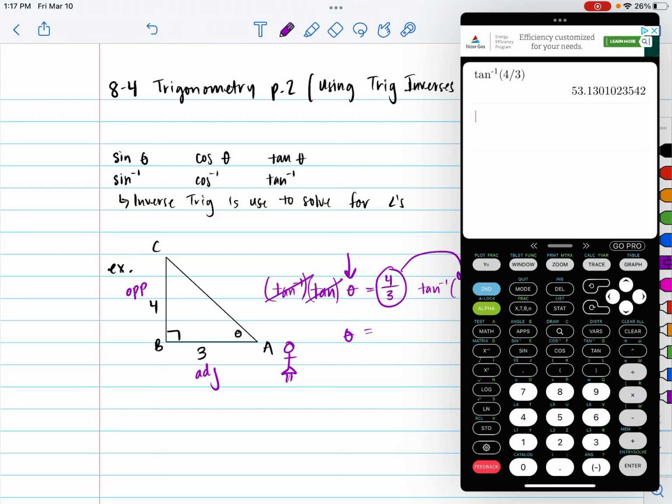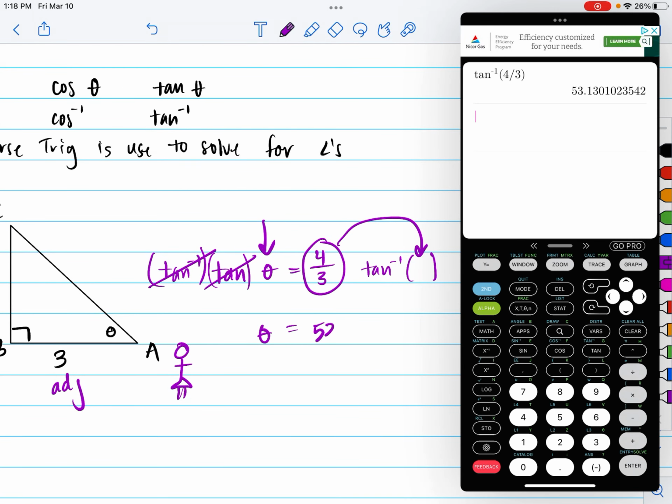And notice we get a long decimal. So I would go to, at the very least, 1 or 2 decimals. For the sake of this lesson, I'm going to go 2 decimals, 53.13. And if you remember, theta is always an angle. So that means this is actually measured in degrees.